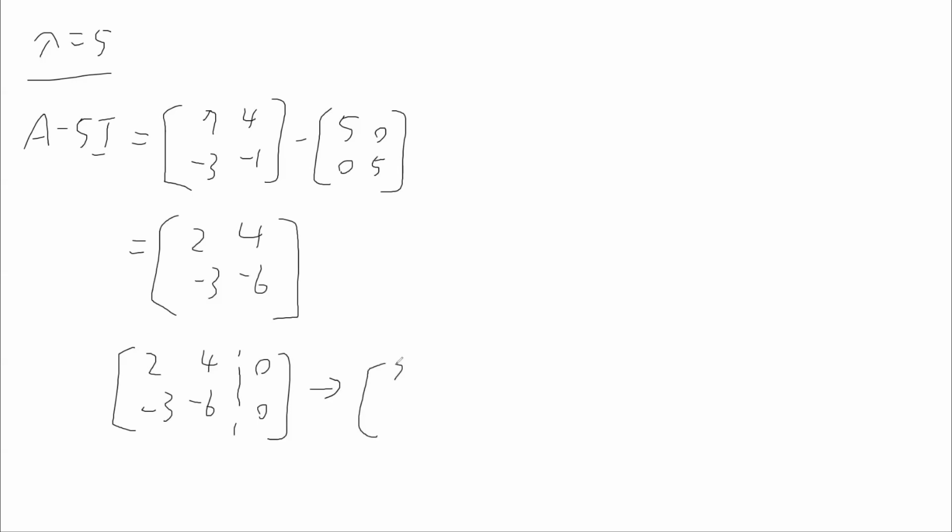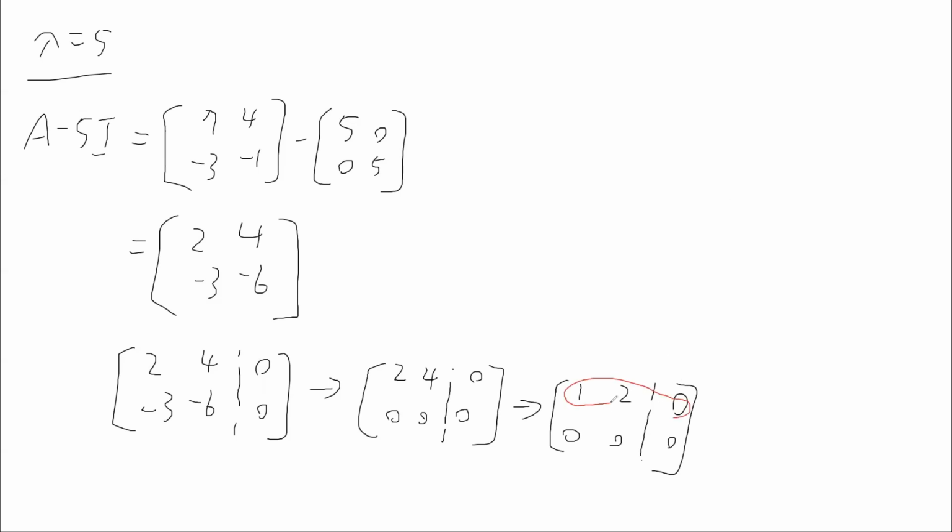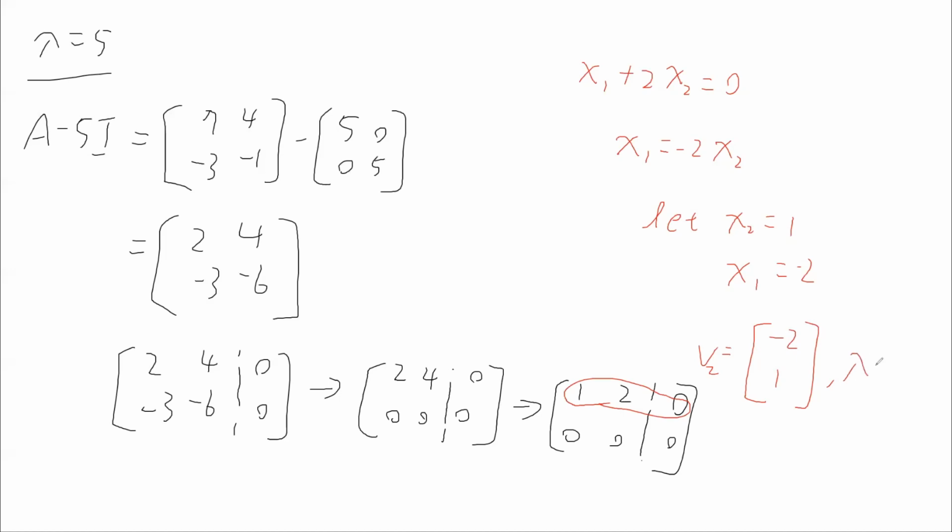And so I can get 2, 4, 0, 0, 0, 0, and then multiply that by 1/2 to get 1, 2, 0, 0, 0, 0. From the first row, we get that x1 plus 2x2 is equal to 0. That means x1 is -2x2. We can do the same thing. Let x2 be 1, then x1 will be -2. And here is our second eigenvector, -2 and 1, corresponding to lambda equal to 5.